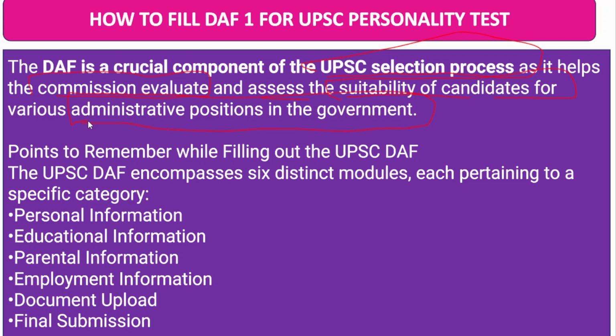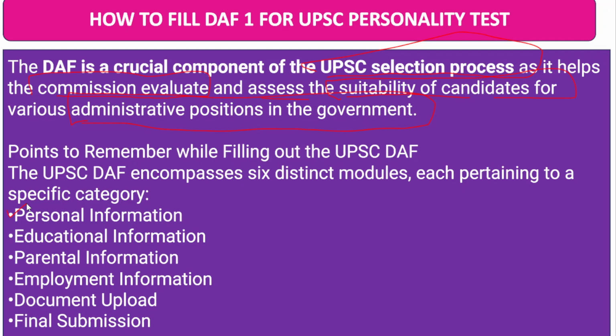For example, in the detailed application form after the prelims examination, if you are going to appear for the mains examination, you give some personal information about yourself. First, personal information in the sense of your academic background, your graduation, intermediate, your matriculation, and if you are employed, where you are employed and what your salary is. Okay, what is your work experience, what are your interests, what are your hobbies.